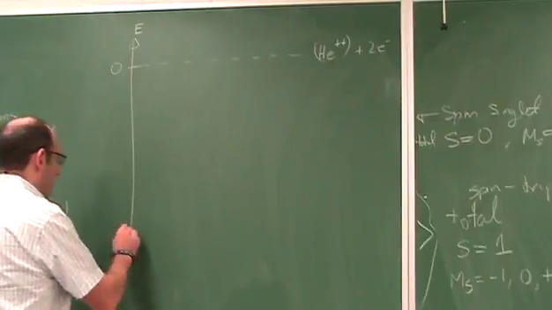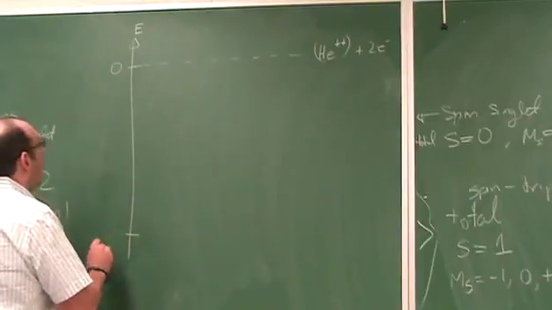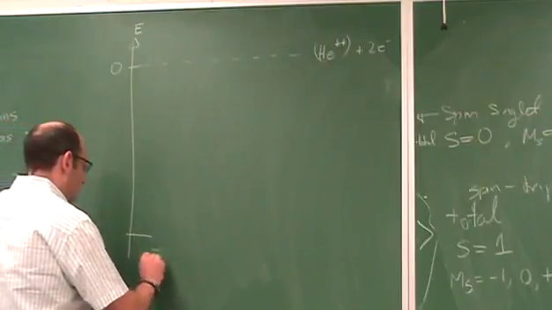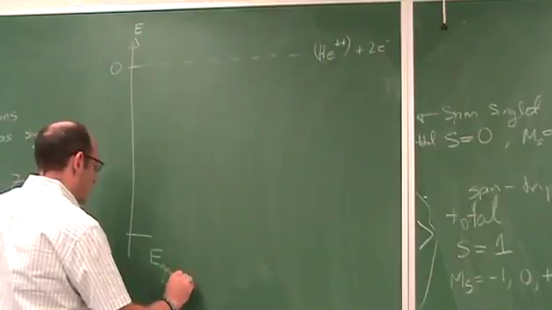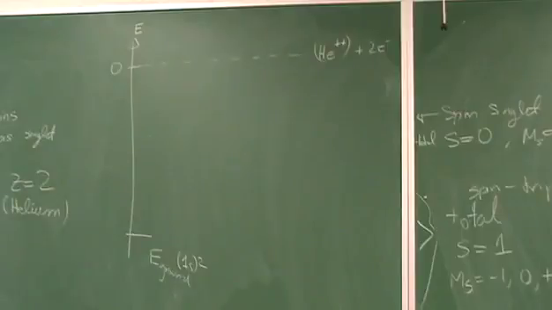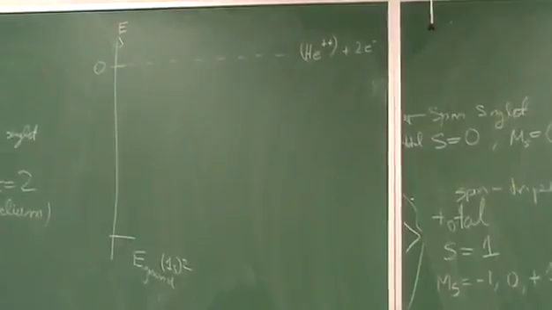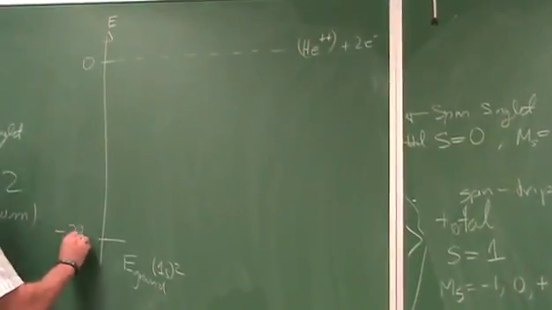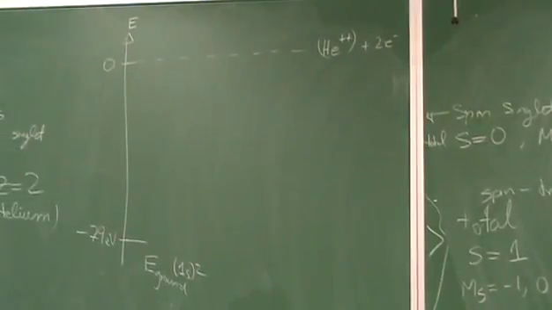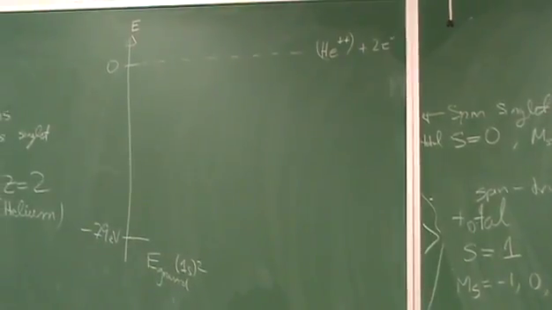The ground state configuration, which we typically write as 1s squared, even though these are not, we'll come to what that means in a moment, necessarily hydrogenic orbitals anymore, is bound as measured by about -79 eV.